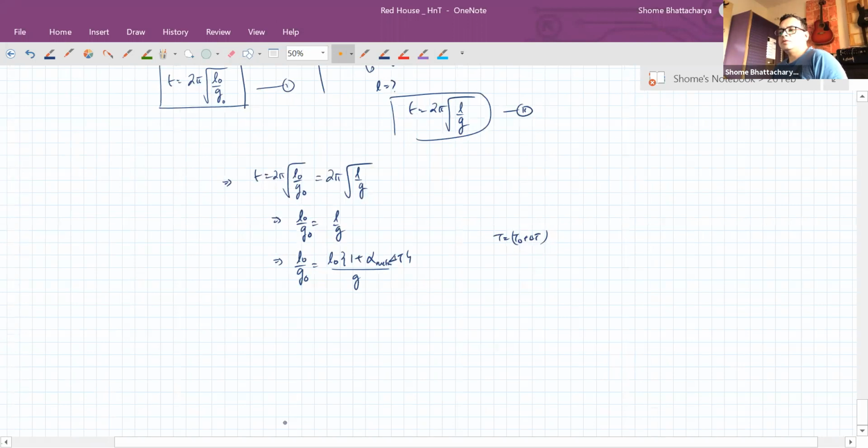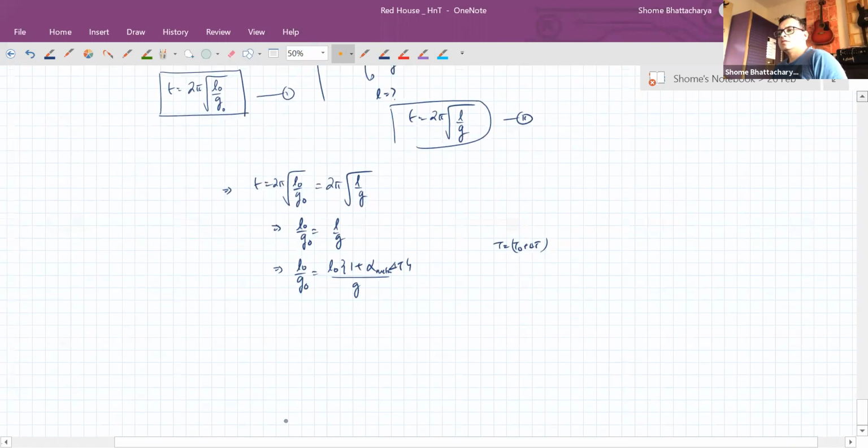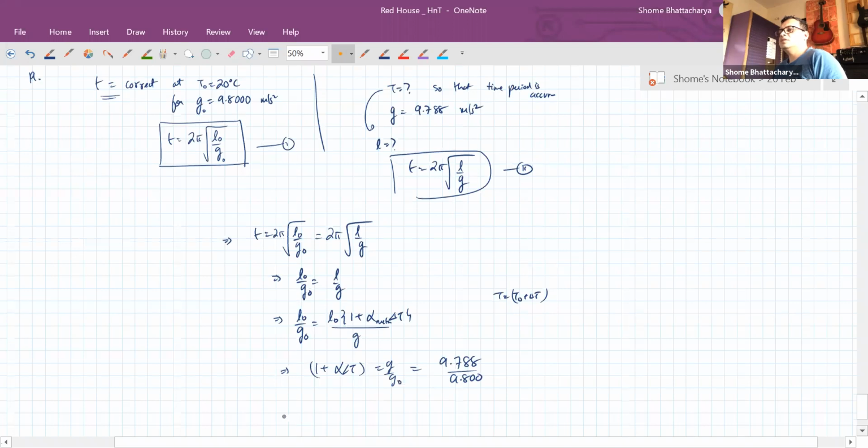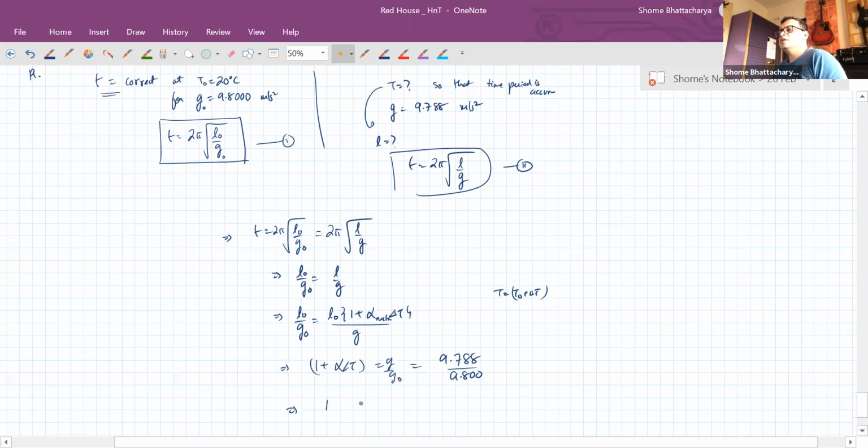Next, what we'll do here is a bit of approximation. So 1 plus alpha into delta T is basically becoming G by G naught. And that you can see is 9.788 divided by 9.800. Just to make the calculation easy, 1 plus alpha delta T can be written as 9.800 minus 0.012 over 9.800.